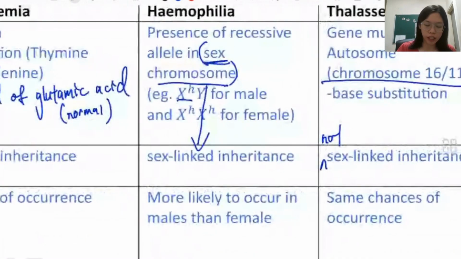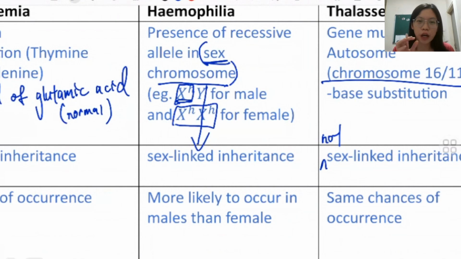You need just one X and small h, then you already get the hemophilia. Compared to female, you must have two recessive alleles, then you only get hemophilia. So that's the reason why for male the possibility is higher.